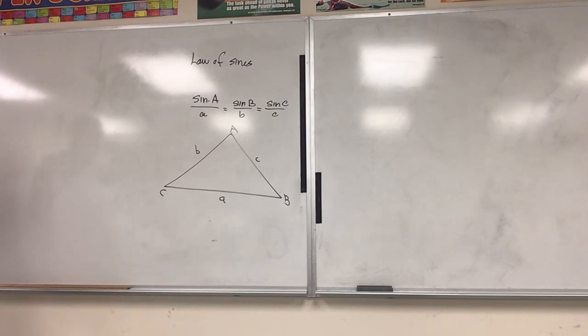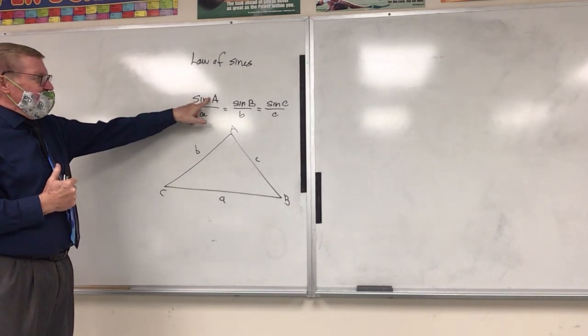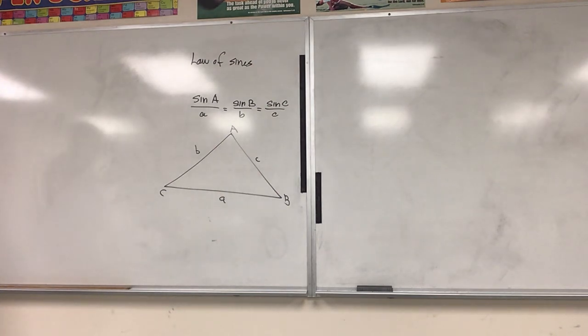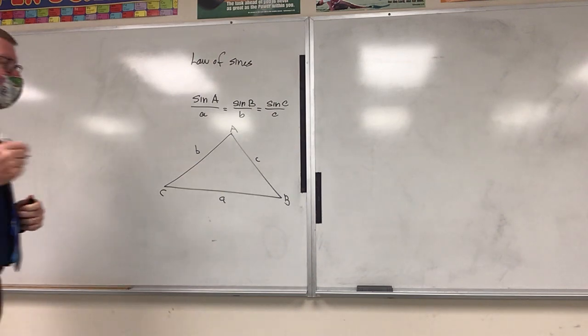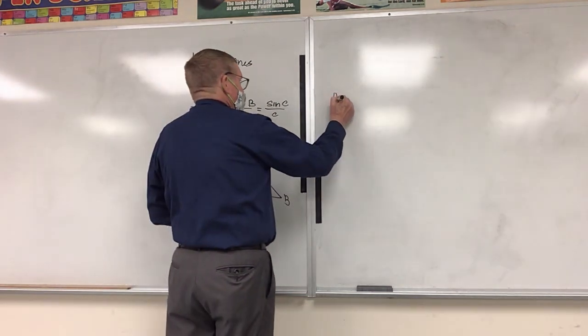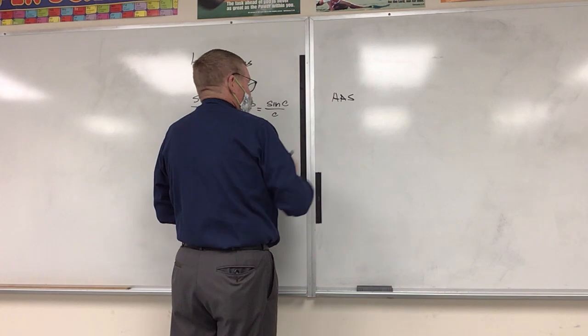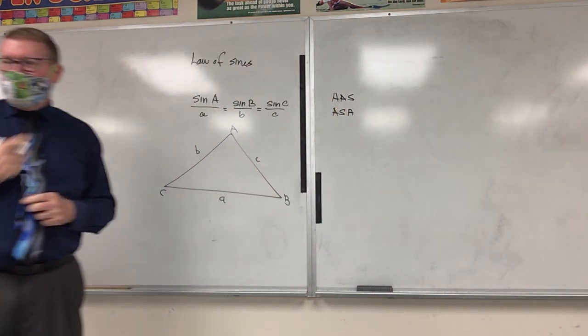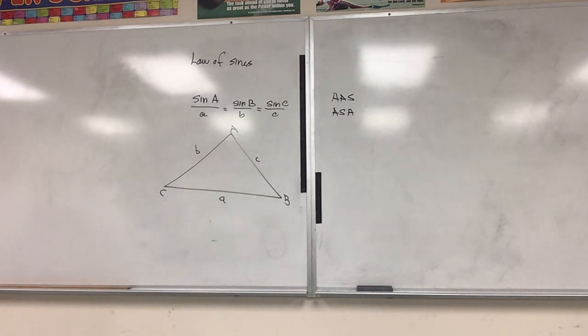Alright, we have this law: sine A over a equals sine B over b equals sine C over c. We are able to use this anytime that we have angle, angle, side; angle, side, angle; and side, side, angle.